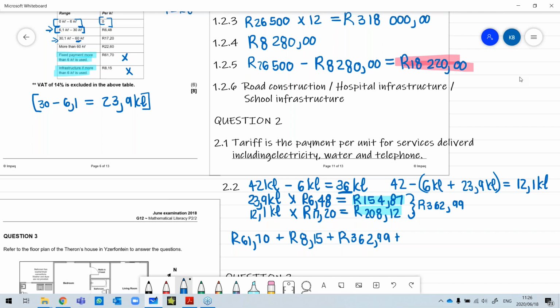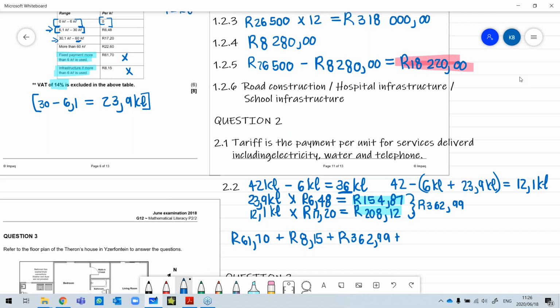Now, please quickly take note of the following. This is a 2018 paper, so VAT at that stage was still calculated at 14%, and this 14% is also given to you in your exam paper. Please pay attention that from 2019 and even this year's papers, VAT is calculated at 15% and no longer at 14%.